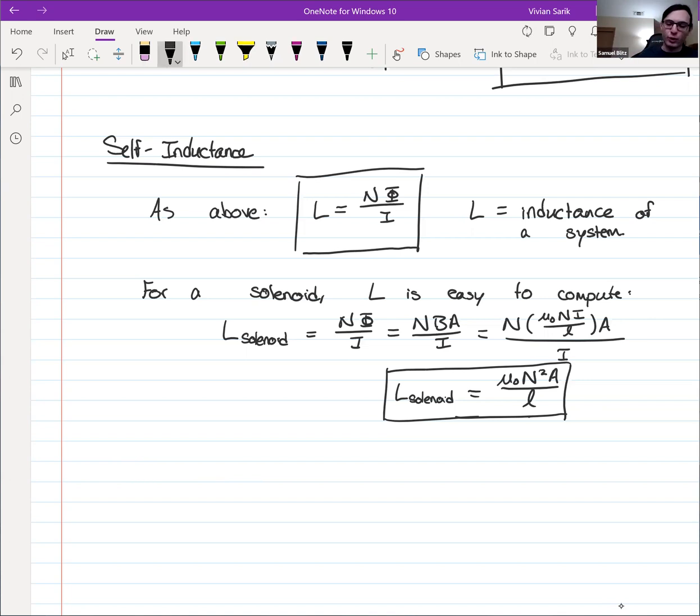Let me write a quick phrase so I can be a little bit more clear. The idea here is that the induced EMF inside the solenoid acts to change the same current that caused the induced EMF.